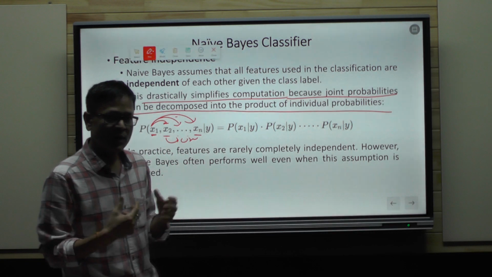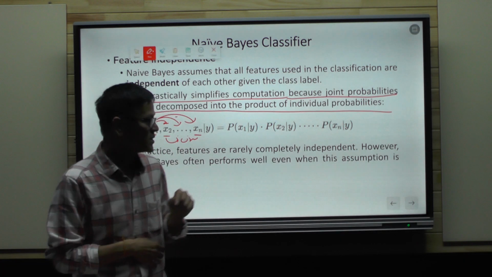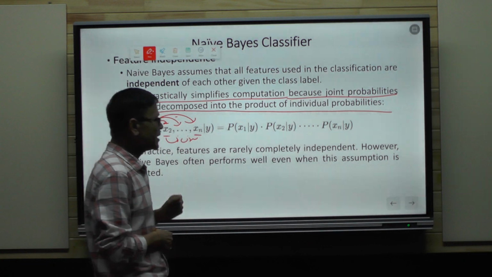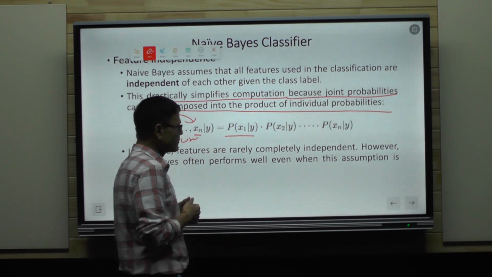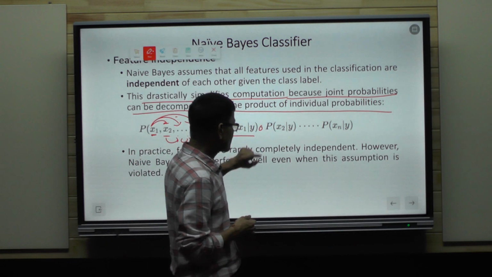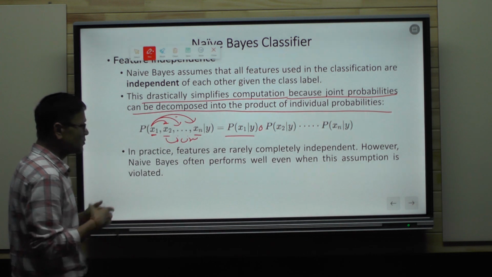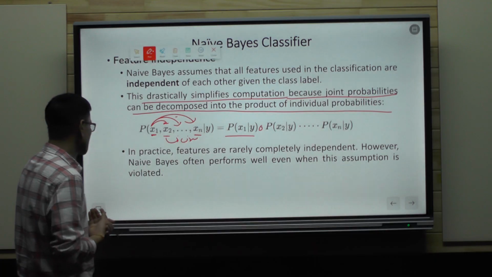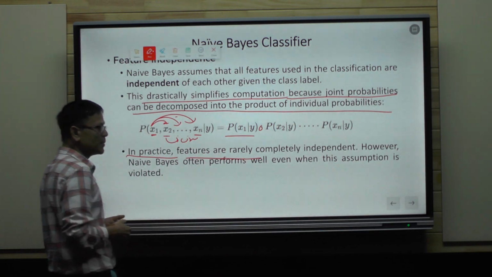The formula for computing the joint probability otherwise requires certain other things which are not needed. You only need the probability of x1 given y, and you calculate the product, and it becomes a simple calculation. In practice, the features are rarely completely independent.